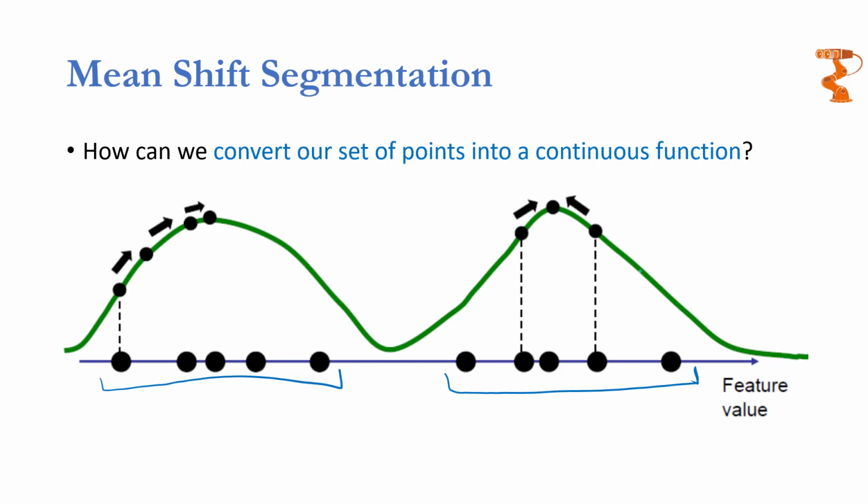So this function is a continuous function which has a higher value in these two regions, whereas it has lower values in other regions. So how can we generate this kind of function? And later on, I'm going to describe how we can use this function to classify these data points.